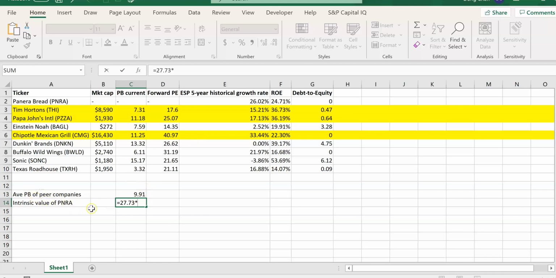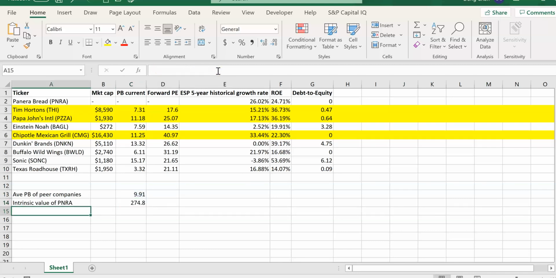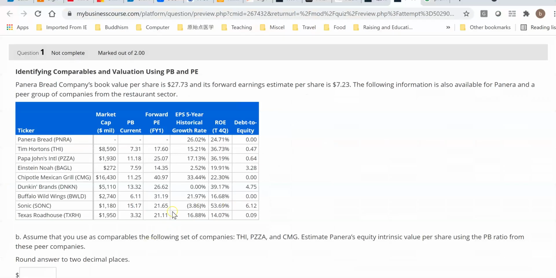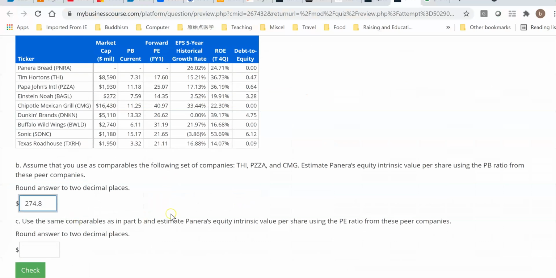Now, if you multiply by the book value per share, then you get back to the price. So again, I want to use the round function after I do the multiplication and round to the 2 decimal places. So that gives me 274.80, and then just copy that number back.